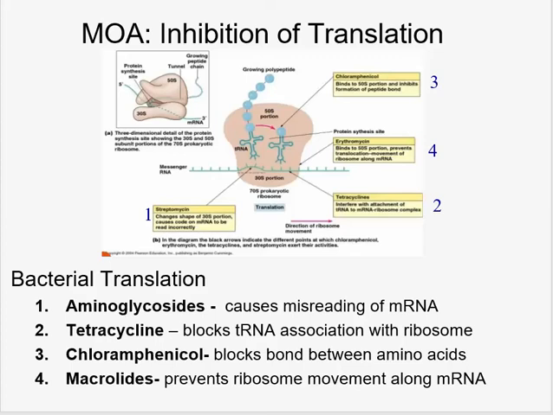So you can't disrupt those processes without disrupting the human host. So we only have bacterial anti-translation, anti-protein production drugs. The examples I've given you here are aminoglycosides, tetracycline, chloramphenicol, and macrolides, all going after that ribosome, mRNA, tRNA interaction, but all in slightly different ways.